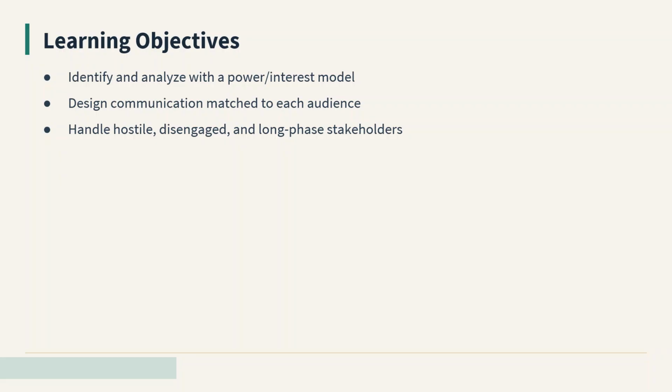Second, you will be able to design a communication strategy that matches the format, frequency, and language to each stakeholder's actual preferences rather than your own default style. Third, you will be able to handle the 3 hardest stakeholder situations you will encounter in the field, which are difficult or hostile stakeholders, disengaged stakeholders, and sustained engagement across a long execution phase.